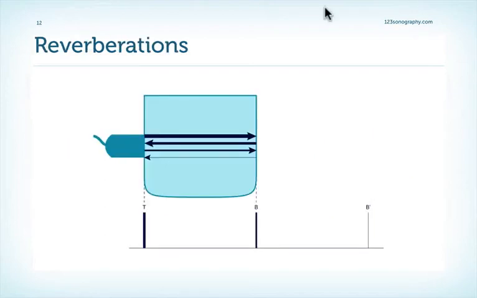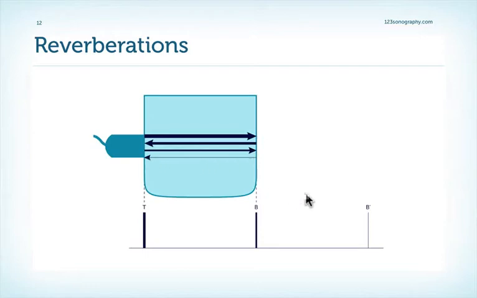I already mentioned the term reverberation. In this figure, I would like to show you what it is. We have a transducer here, and this transducer emits an ultrasound ray, which is reflected from this boundary and then comes back to the transducer. But the transducer itself is also a reflector, and therefore the ultrasound beam is again emitted towards this boundary here, where it is again reflected and comes back.